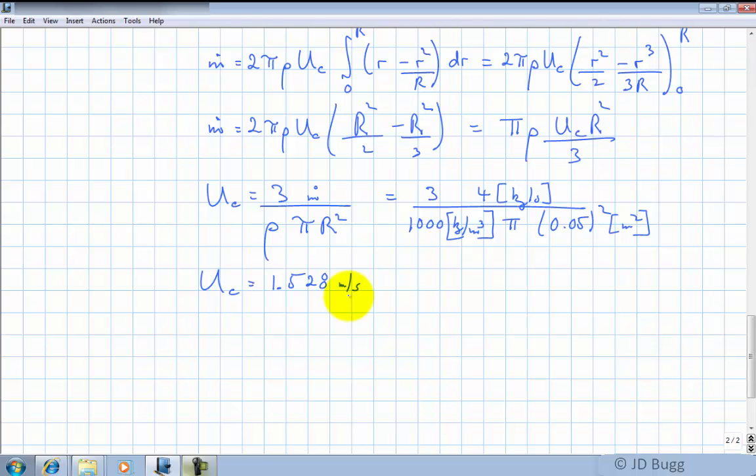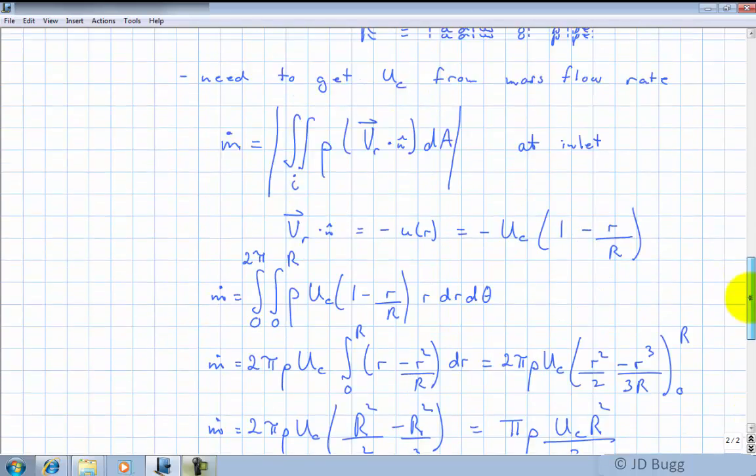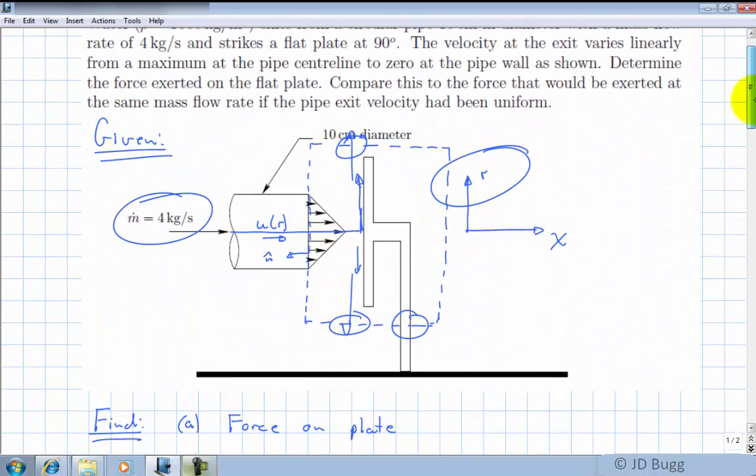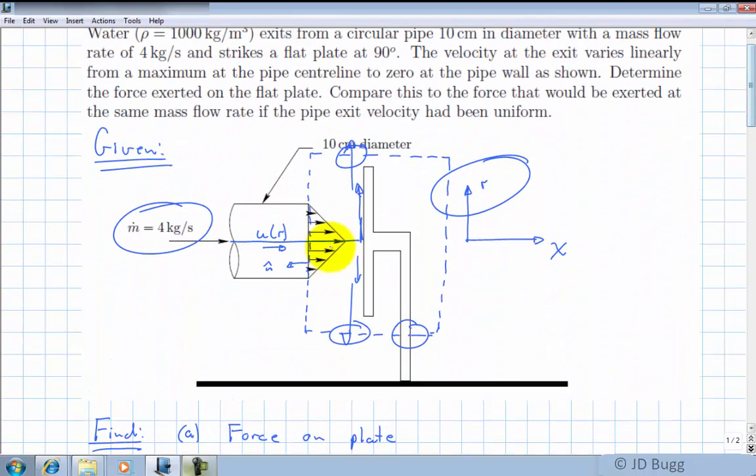So now we're ready to go back to the linear momentum equation. Now, we want to talk a little bit about this equation before we start working with it. Notice right now it's still a vector equation. Reaction force and velocities in here give it direction. Back up to the diagram here. Notice that the reaction force on this thing is going to be purely in the x direction.